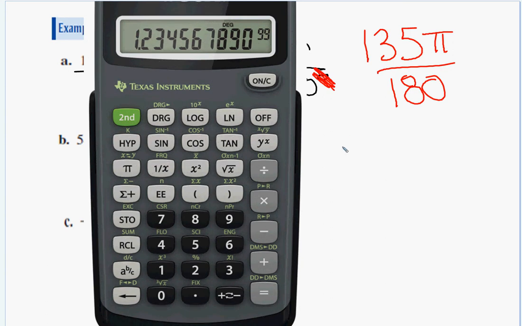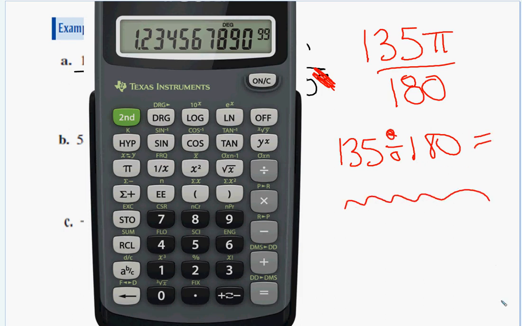So what we want to do first is divide. You're going to type into the calculator 135 divided by 180, and you hit equals, and it gives you some decimal. Now, if you take that, or just leave the decimal there, hit the second function key, and then hit the F to D conversion, fraction to decimal, and the display is going to look like this. On your calculator, you'll see a 3, and then a little backwards L and a 4.